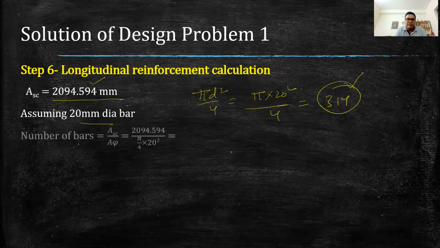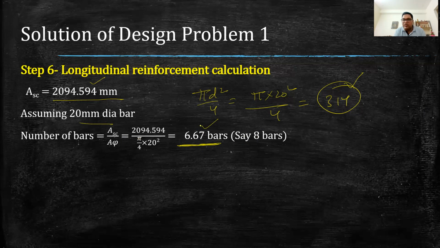So with this we can find out the number of bars as 6.67. So as you can see, this 6.67 is more than 4 bars and less than 8 bars. So at least we have to provide 8 bars in our column. So that is why I have rounded off this number to 8.